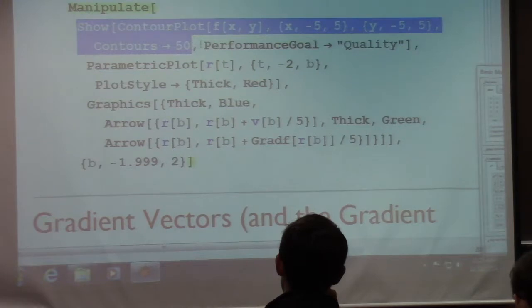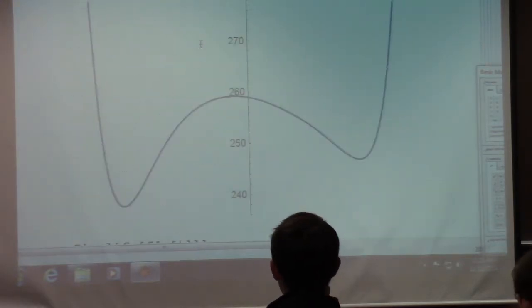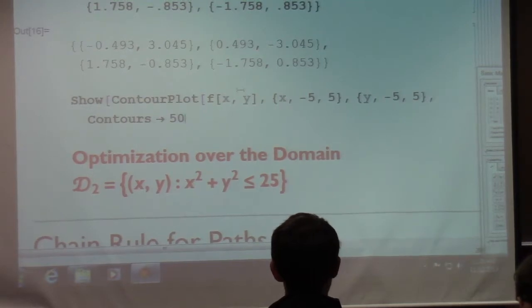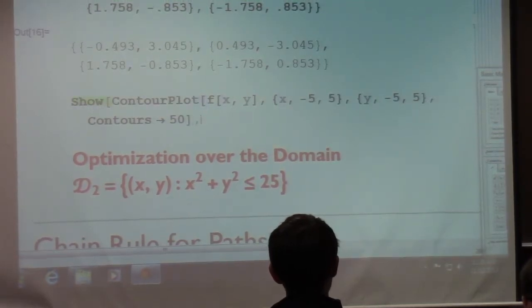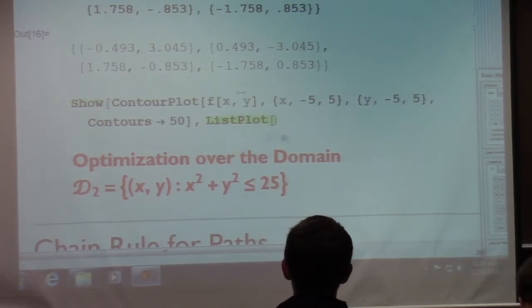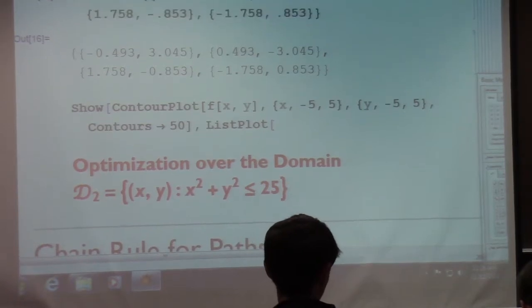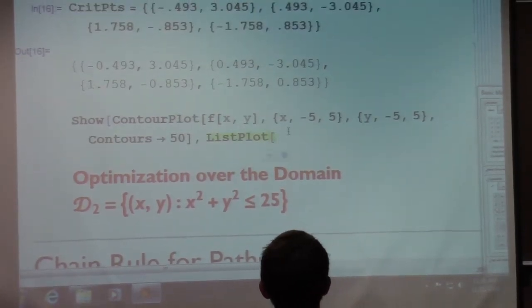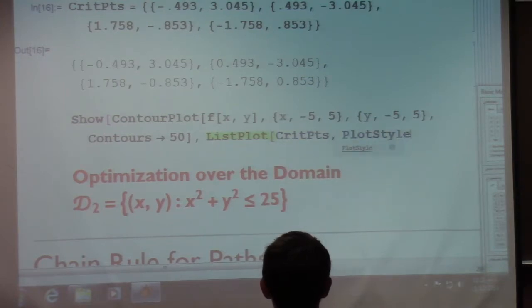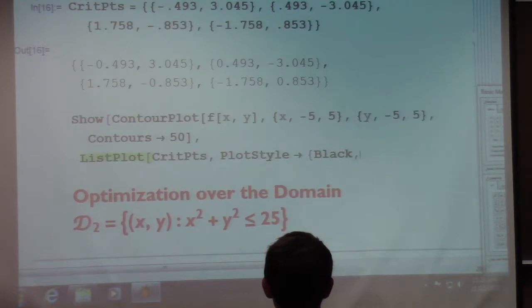Let me copy and paste the show and the contour plot of this up here. And let's also use list plot to plot the points. Since I've given this list a name, crit points, I can just type in crit points here. Make them big, black say.